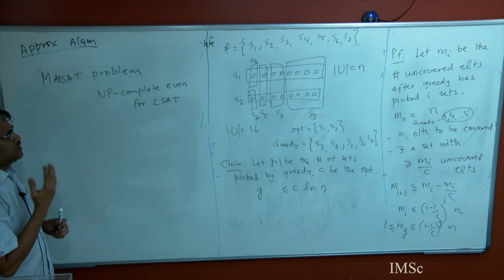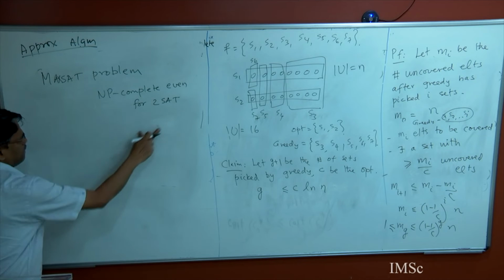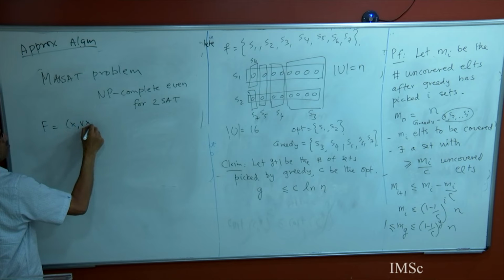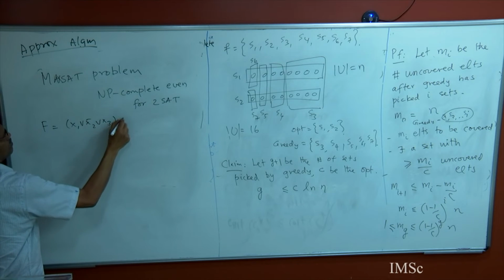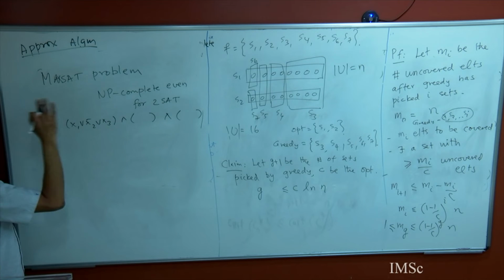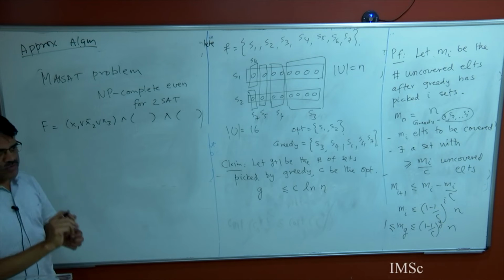So, there is a very simple approximation through randomization. Here is a formula which looks like this. And what we want is the assignment that satisfies the maximum number of clauses.